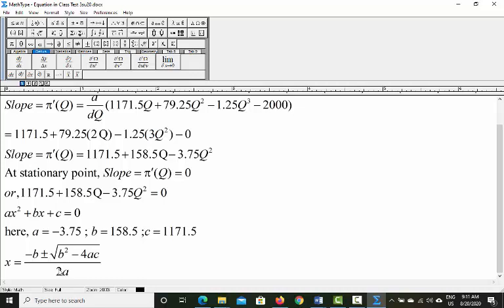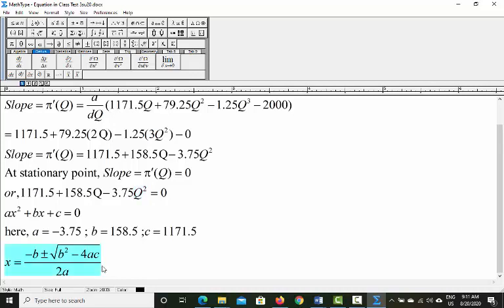Here we want to find the value of the variable, which for us is q. We need to put these values in this formula. Always remember, you will get two values of the variable, because this is a second degree equation with power 2.